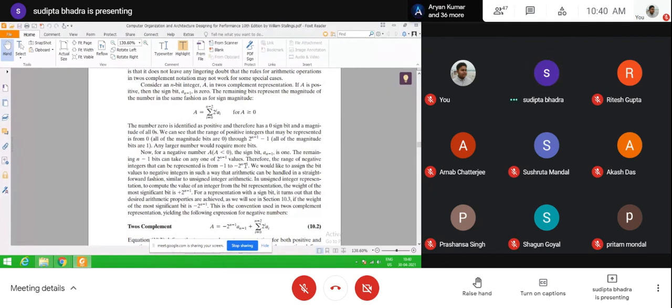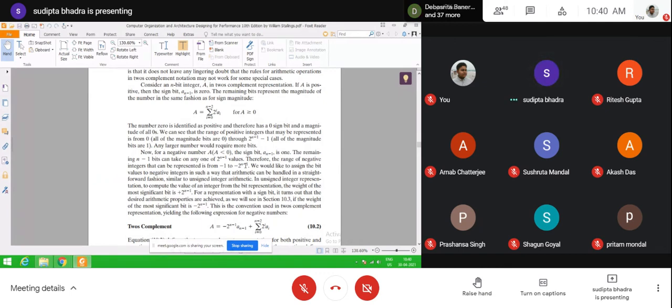If the number of bits is 8, the negative numbers that can be represented in 2's complement form range from minus 1 to minus 2 to the power 8 minus 1, that is 2 to the power 7. So this range depends upon the number of bits.